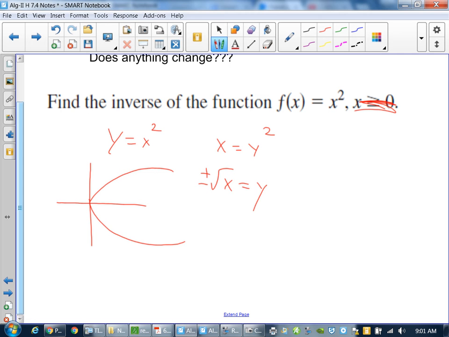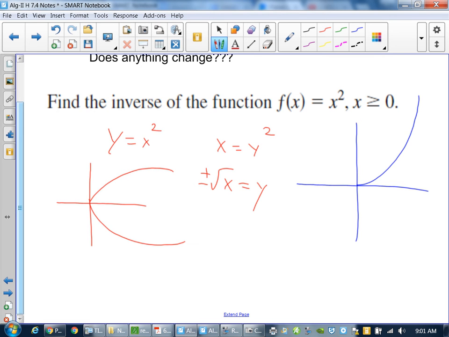But by looking at it with a range or domain restriction, when you're looking at your graph to start with, this one is for all positive values of x. So I'm only looking at x squared going this way. I don't care about the negative values of x. If I look at just the positive values of x squared, when I find the inverse, I'm only looking at the positive square roots.